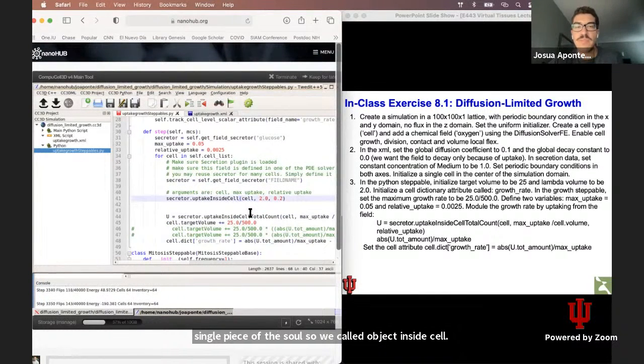And notice, this is important, if we want to be able to grab and reference how much the cell is uptaking, we need to add this total count to the function. So it's gonna be uptake inside cell total count.